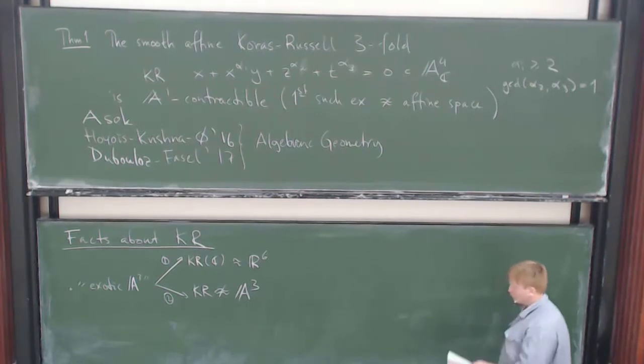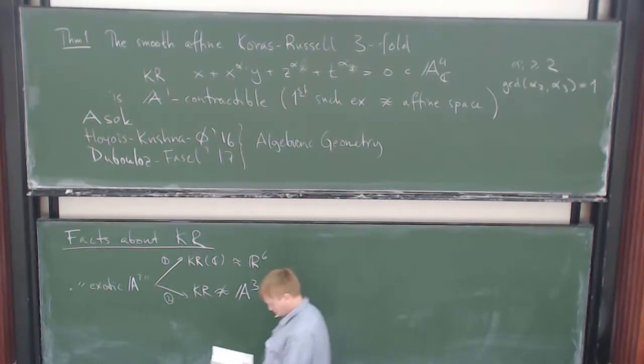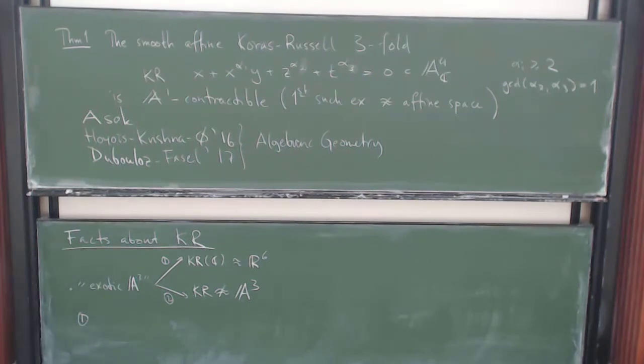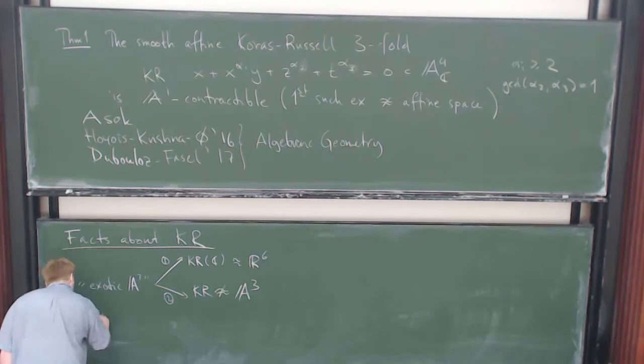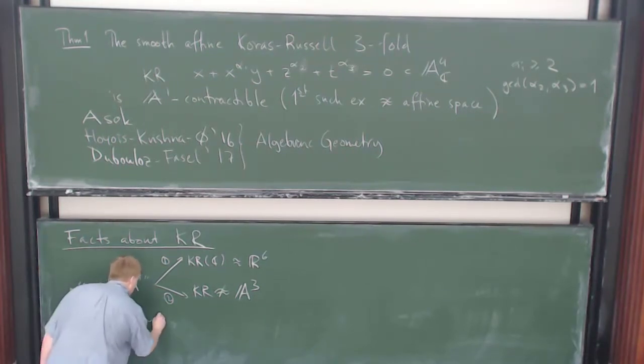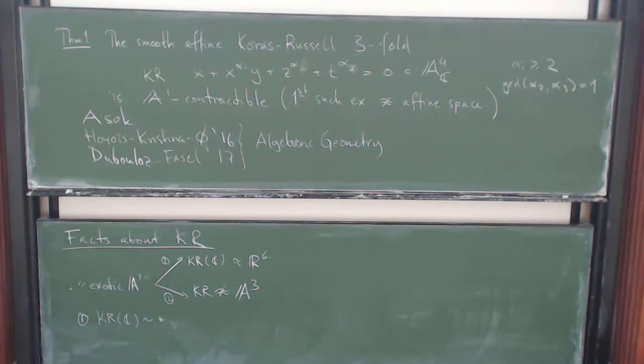Concerning 1, the way to prove 1 is to show that the complex points of KR form a contractible manifold. This was done by Dimca, Kaliman and Seidenberg in a paper in 1999 using the technique of affine modifications.